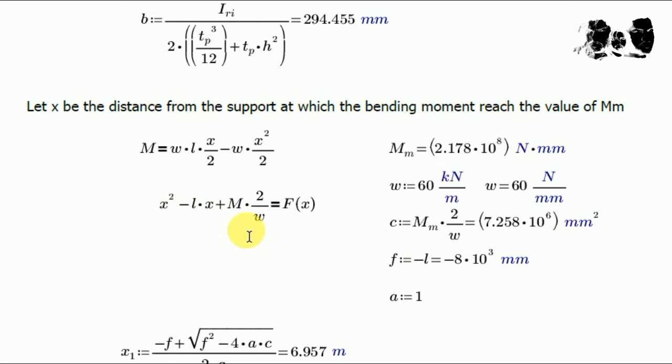I'm just denoting these as different constants to solve it easily, which is minus 8 into 10 to the power 3.